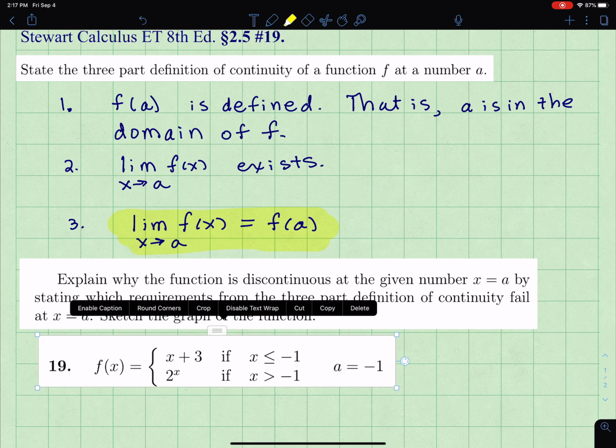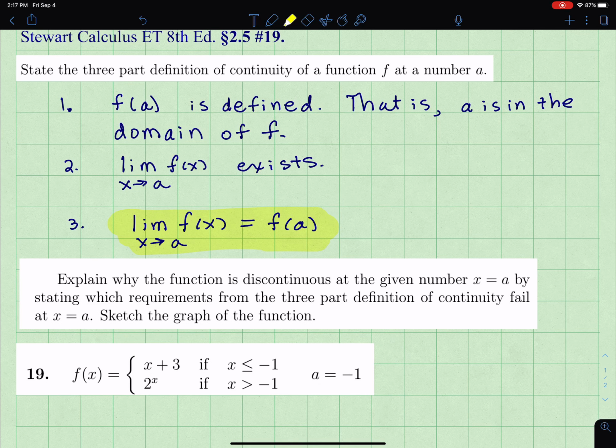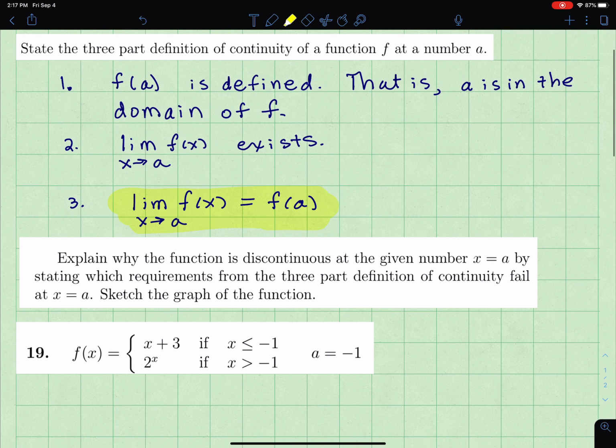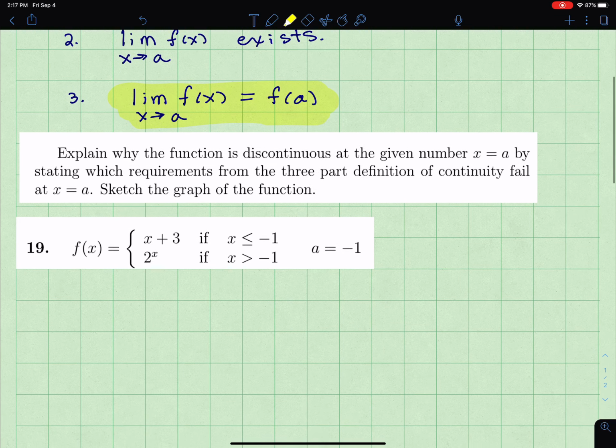Now, let's look at this particular problem, number 19, where we're supposed to sketch the graph of the function and then explain why the function is discontinuous at a equals -1.